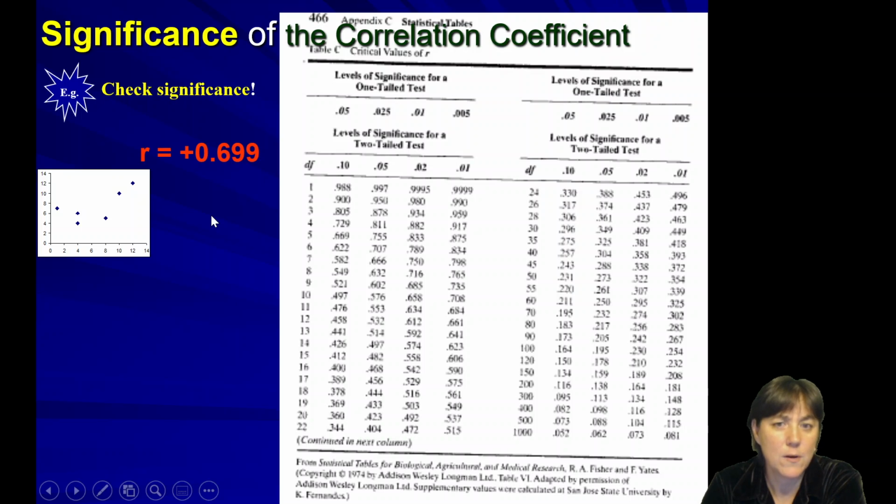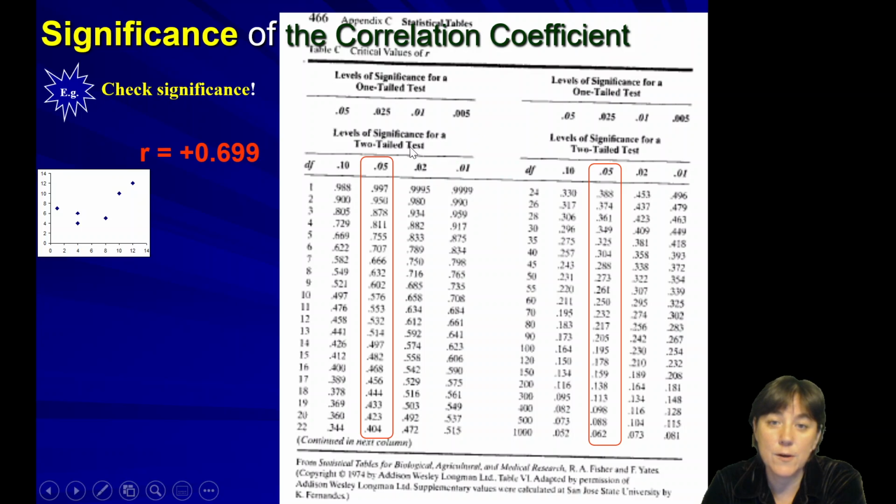Okay, so the number of elements, the sample size, counts a lot. And you also have to pre-select your level of significance. Usually we stick to 0.05, the 5% error. So if we stick to this column, and we know how many points I have: 1, 2, 3, 4, 5, 6.